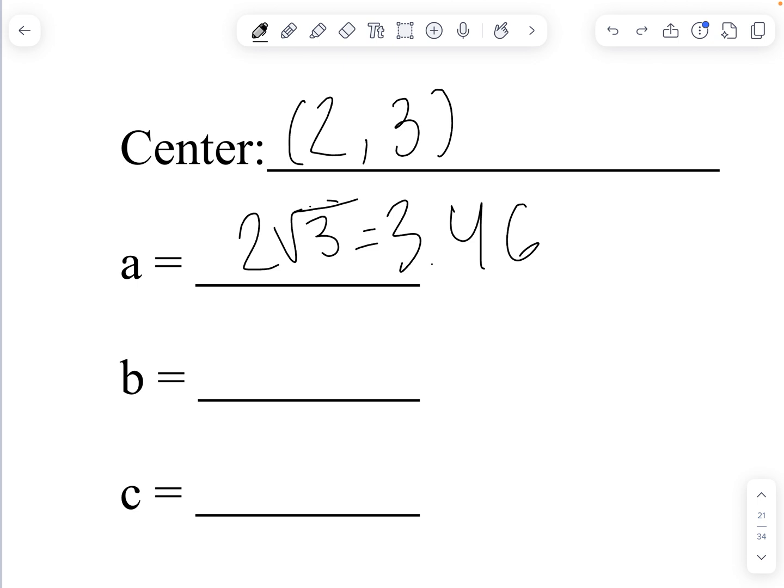And then the root of 20 equals 2 root 5, and 2 root 5 in decimal form equals 4.47.